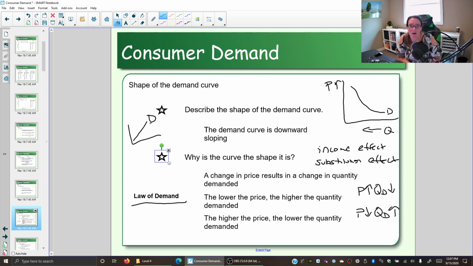They're very rare, but we're going to talk about those in a later video, and those are called Giffen goods. With Giffen goods, when the price goes up, you buy more. So in our next couple of videos, we're going to look at what makes a Giffen good, why you would buy more when the price goes up, and we're also going to dive deeper into that downward sloping demand curve. What is the income effect and substitution effect?